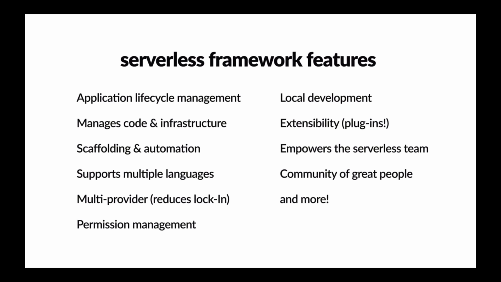Additionally, multi-provider, this is a big effort for us. Developers should be free to deploy functions everywhere. The idea that you could deploy functions to multiple clouds is really appealing because you're able to take advantage of, again, the higher value services that a lot of these clouds are providing. So a lot of people, for example, want to use Google's machine learning stuff.